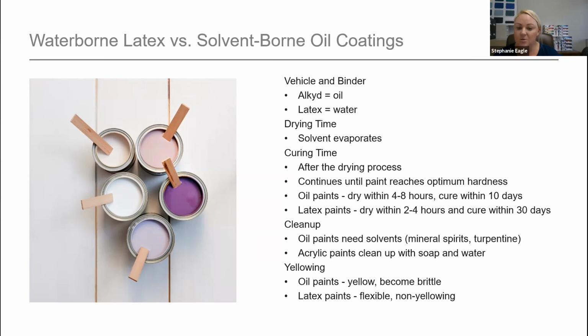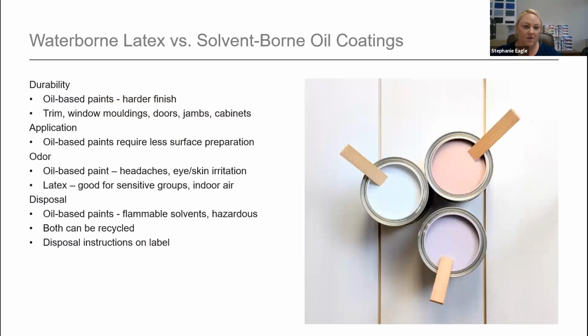And yellowing usually occurs more with an oil paint, and it also becomes brittle over time. And a latex paint is more flexible and has non-yellowing properties. And some more about the differences. With durability, oil-based paints are typically a harder finish, usually used around trim, window moldings, doors, jambs, and cabinets.